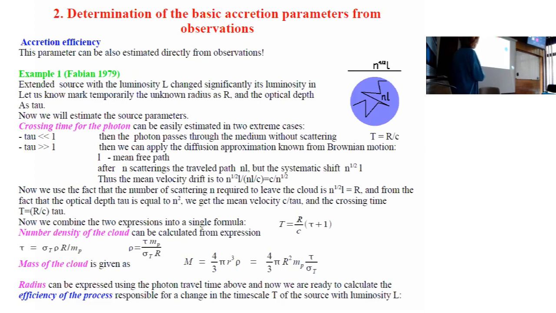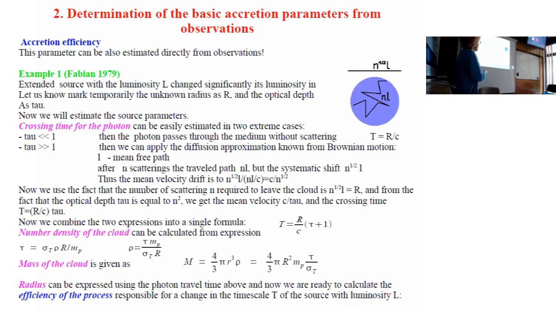So, accretion efficiency. The method was invented not years ago, although it's kind of obvious if you think about it, but it was really invented and published by Andy Fabian in 1979. What is the setup? How to calculate accretion efficiency in an easy way? First, you do a lot of assumptions and a lot of formulas, and then it will come. But first, you have to assume that you have a source of radiation.